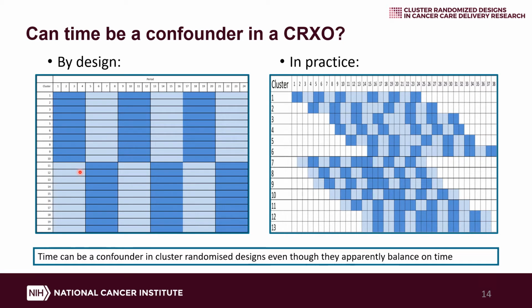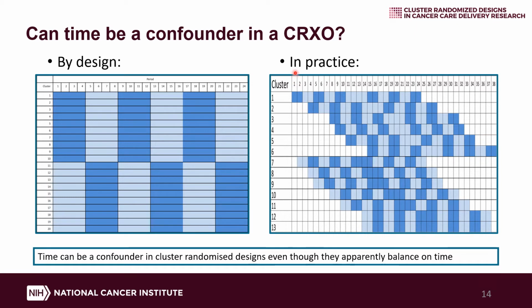Now that's how cluster randomized crossover designs are designed in theory, but in practice they often end up looking more like this. Clusters are allocated to sequences that rotate between intervention and control condition, but they initiate these sequences as and when they're ready to be recruited into the trial.